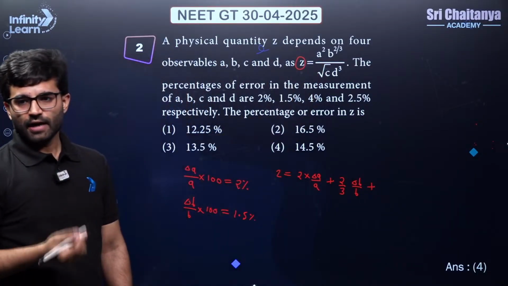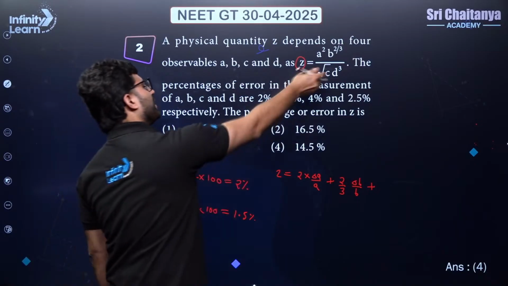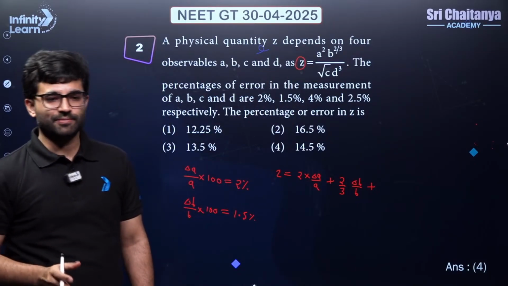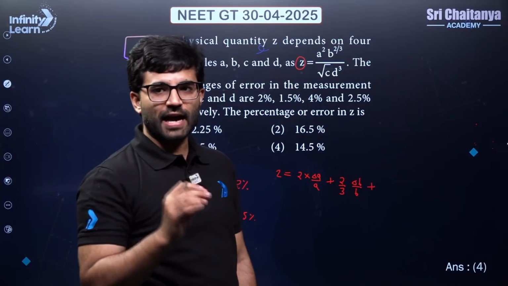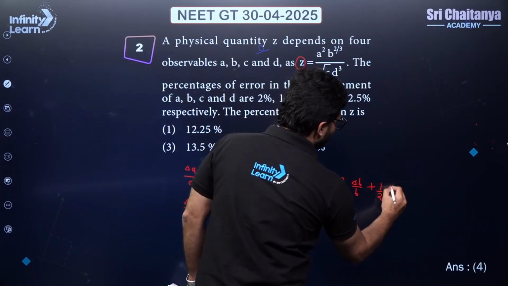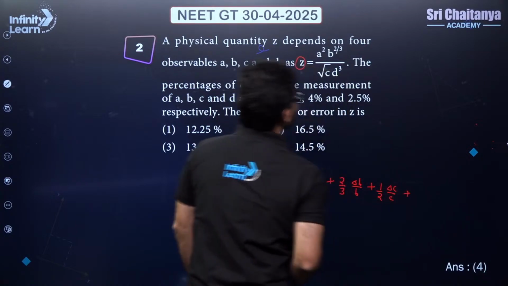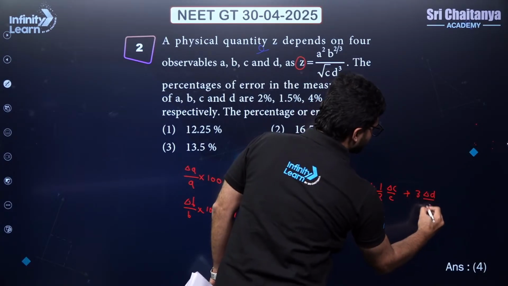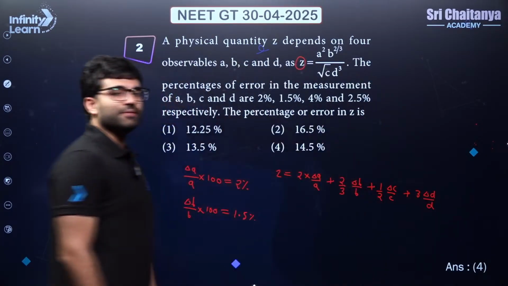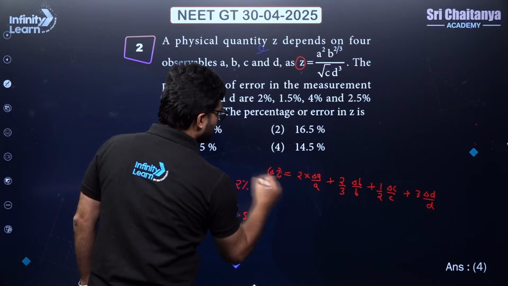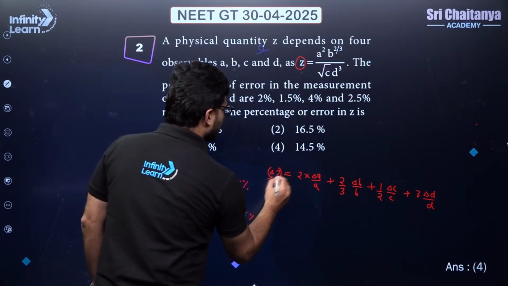We have C to the power half, and when you take it in the numerator it would be minus half, but since errors are always added into the system, errors are never subtracted, so what we will have is 1 by 2 delta C by C, plus then we have 3 as the power, so 3 delta D by D, right? You multiply the whole equation by 100 and this is nothing but delta Z. This is basically the percentage error in Z, right?